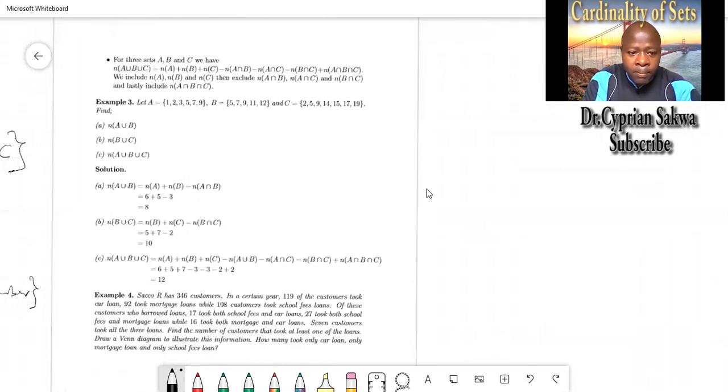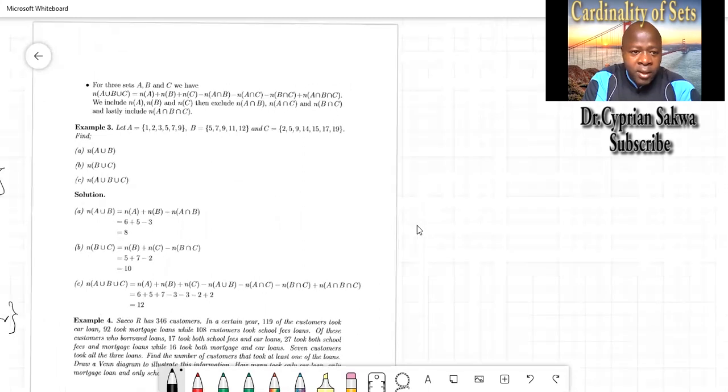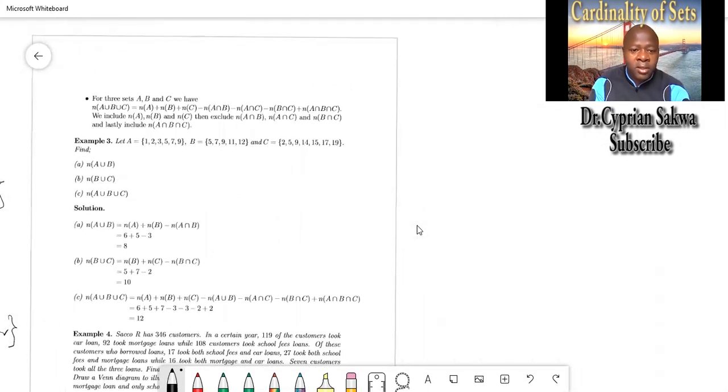We have said that for any three sets A, B, C, the number of elements in the union would be given by the number of elements in A plus those in B plus those in C, then minus those in the intersection of A and B, minus those in the intersection of A and C, minus those in the intersection of B and C, and then plus those in the intersection of A, B, and C.